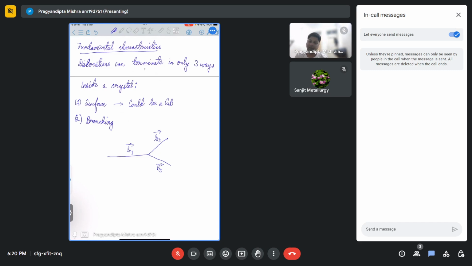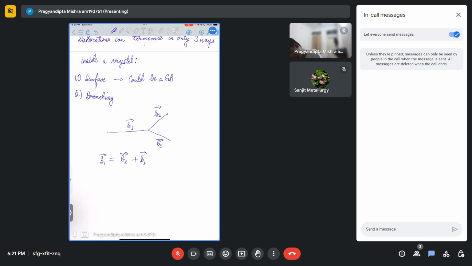Now B2 and B3 will have a vector sum which is equal to B1, so that the dislocation vector is conserved. Okay, so this is something that you can also note down. Sigma Bi is always equal to 0.